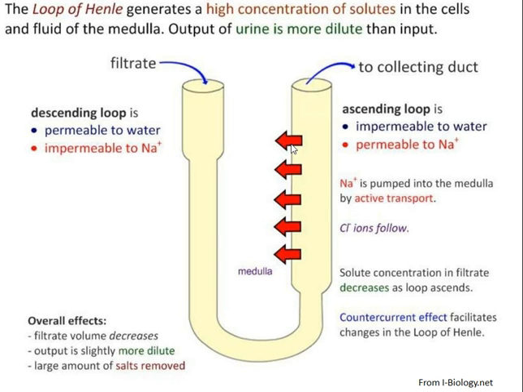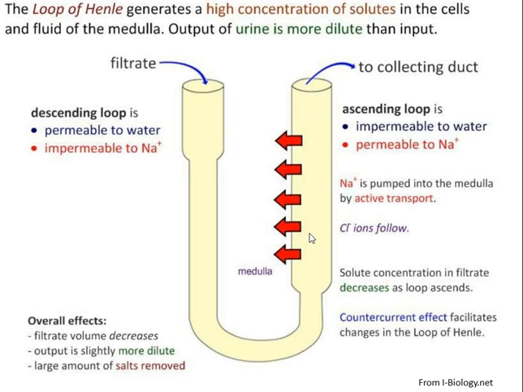These red arrows show that sodium ions are being pumped into the medulla by active transport. Remember, this section all around here is medulla, and at the top is where you'd encounter the cortex. So sodium is pumped into the medulla by active transport, setting up a charge differential.